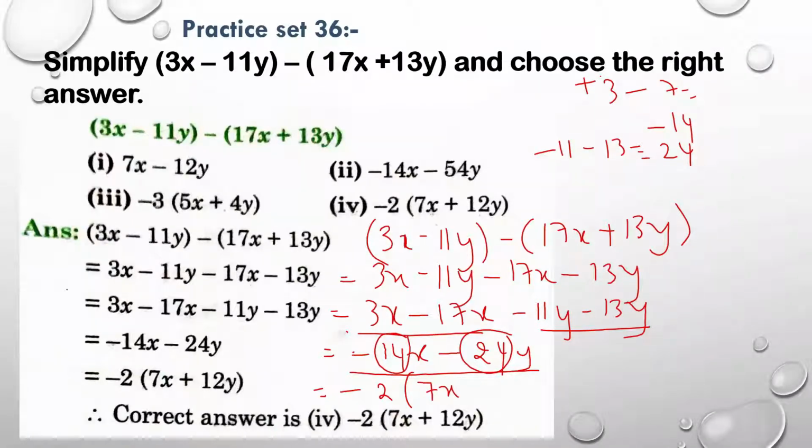You are removing the minus sign out, so minus and minus will become plus here. So plus 12y. So this is your answer. So minus 2 in the bracket 7x plus 12y is the right answer. So which option is it? It is the fourth option.